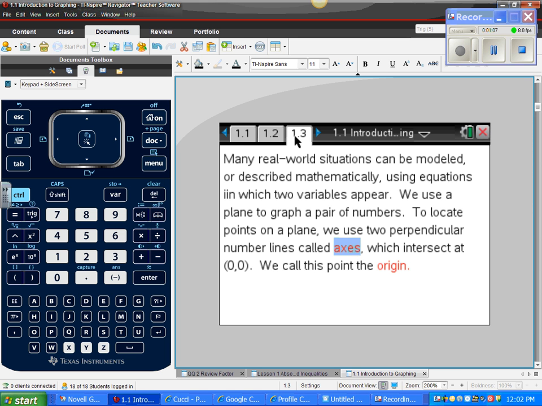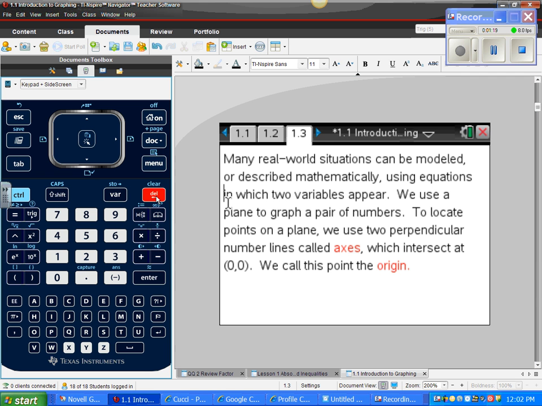Okay, so many real-world situations can be modeled or described mathematically using equations in which 2 variables appear. We use a plane to graph a pair of numbers. To locate points on a plane, we use 2 perpendicular number lines called axes, which intersect at 0, 0, and we call that point the origin.